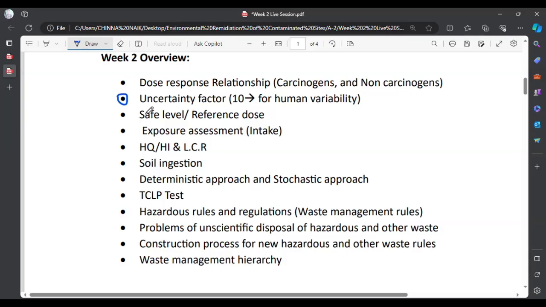Generally we take the uncertainty factor as 10 for different conditions.